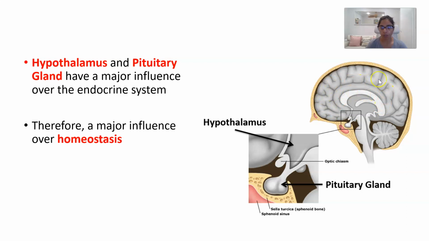This is one of the cerebral hemispheres. This is the cerebellum. And what we are looking at in this box here that you can see blown up in this image is the hypothalamus and the pituitary gland. And this is the stalk that connects the two of them, which you will remember is known as the infundibulum.